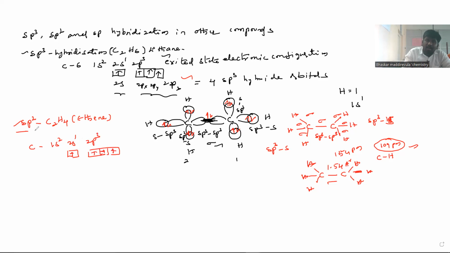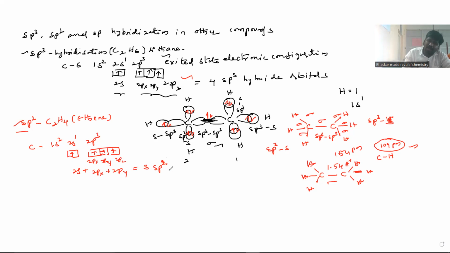For getting the sp2 hybridization, we take one s orbital and the 2p orbitals, that is 2px, 2py, and 2pz. One 2s orbital, one 2px orbital, and one 2py orbital. So these three are involved in the hybridization, and they will give three equivalent sp2 hybrid orbitals.